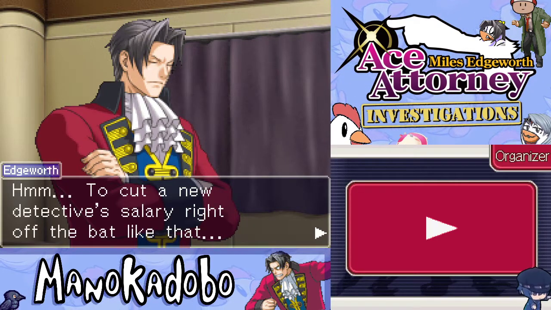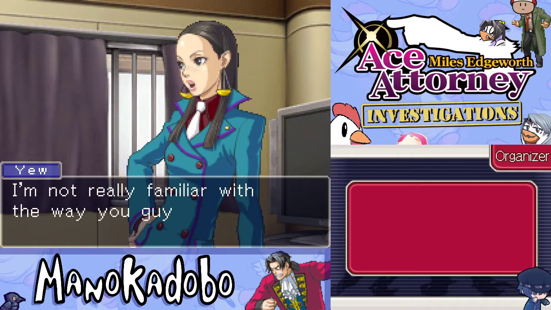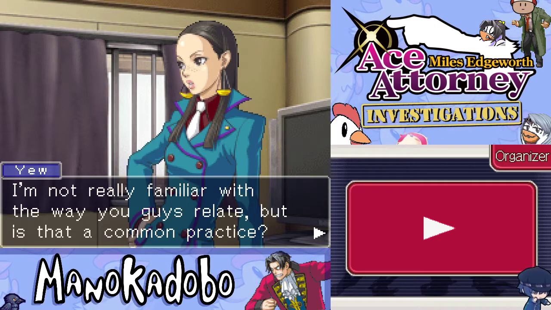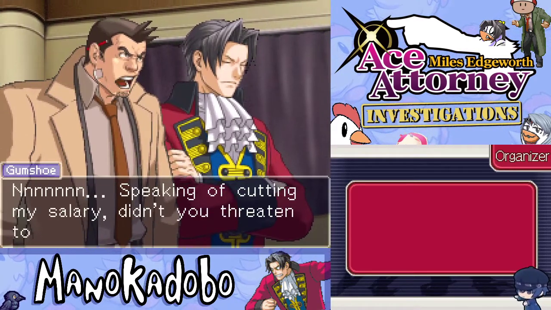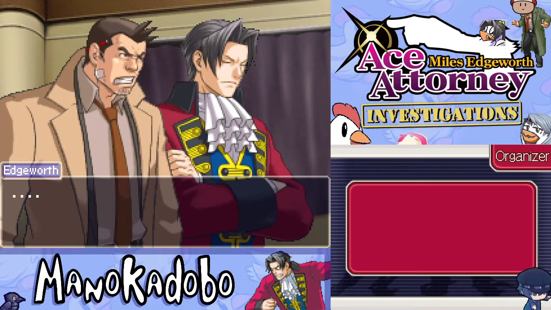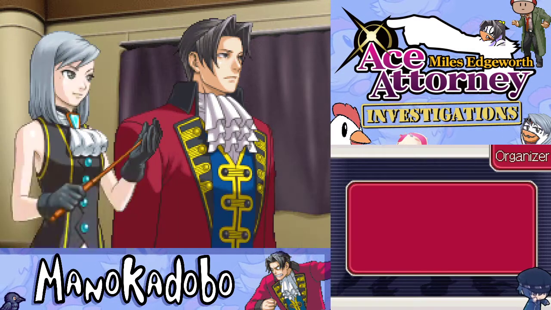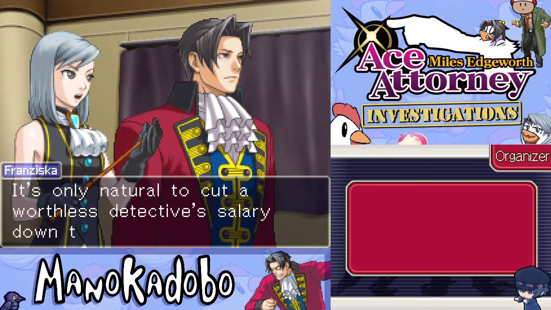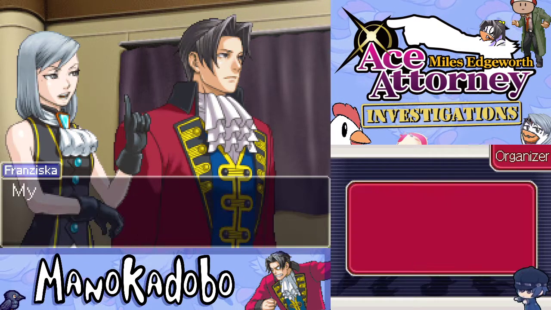To cut a new detective's salary right off the bat like that. I'm not really familiar with the way you guys relate, but is that a common practice? Only in Edgeworth's department. Speaking of cutting my salary, didn't you threaten to do that to me earlier too? I suppose I did. It's only natural to cut the detective's salary down to the actual verse.